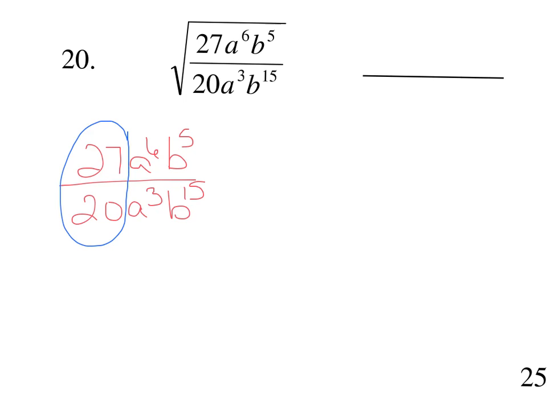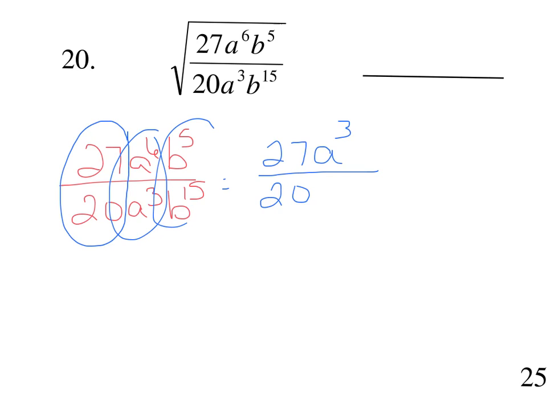They don't have any factors in common. So those are going to have to stay. The a's reduce, though. You have 6 on the top and 3 on the bottom, so those will reduce to a cubed, and the b's will reduce to b to the 10th.